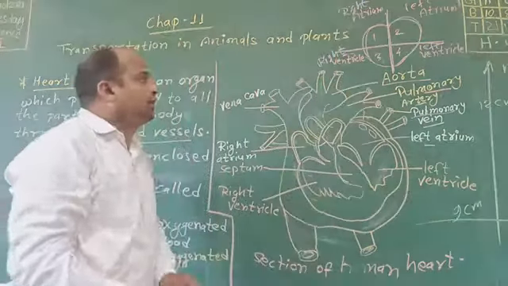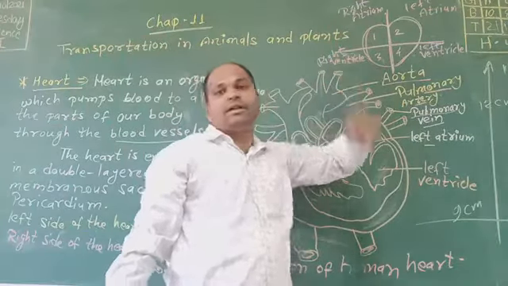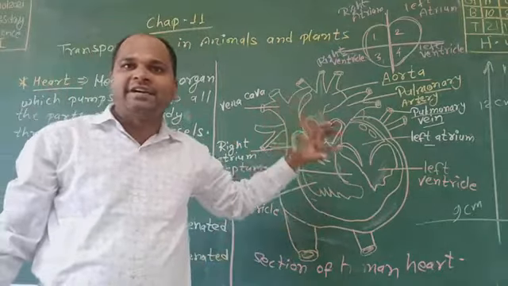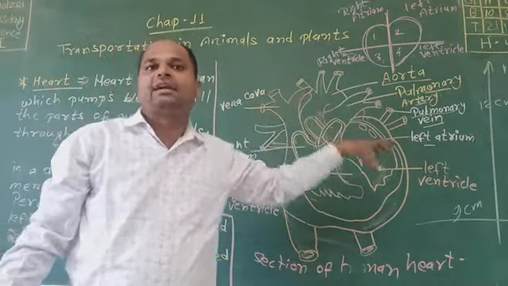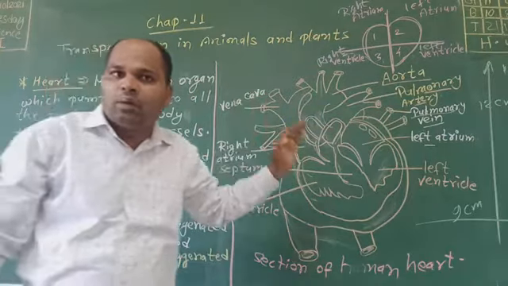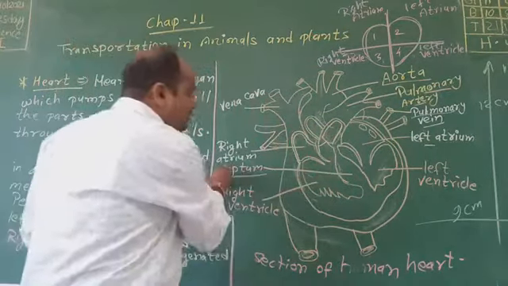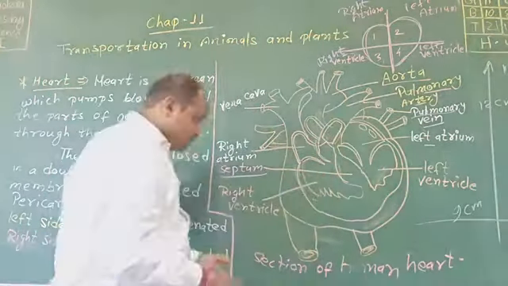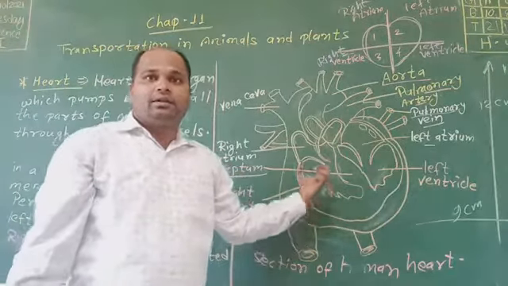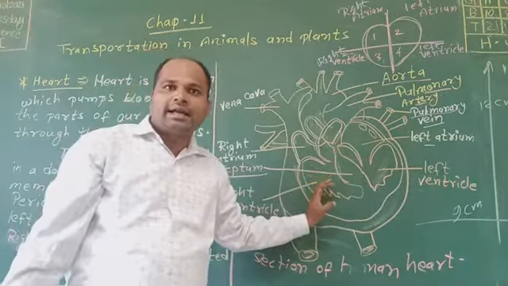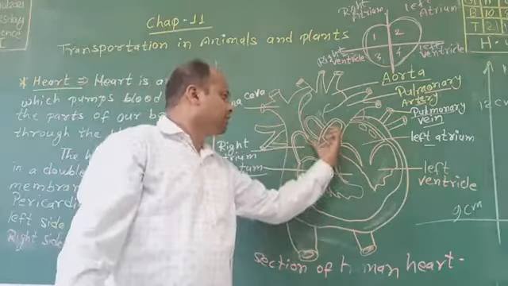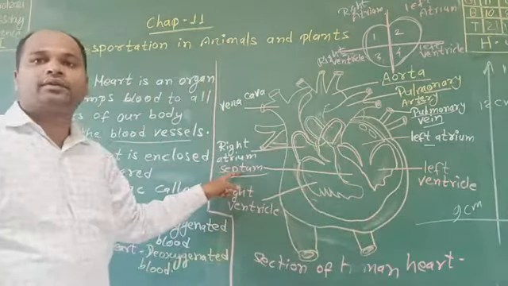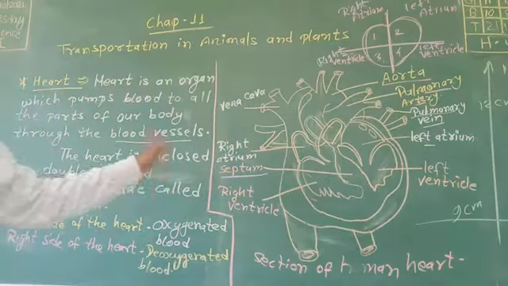The left side of the heart is completely separated from the right side by a partition wall called the septum.